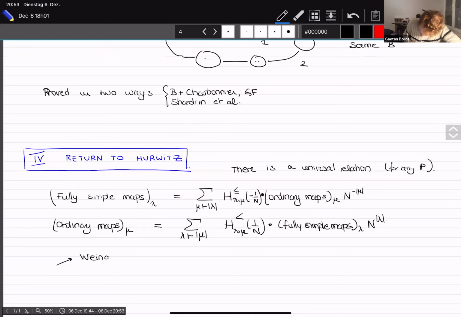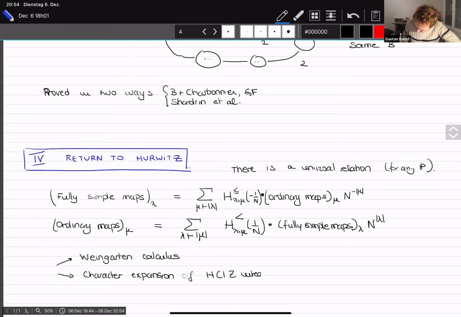One is by Weingarten calculus, so that I didn't really explain why that would be true, but another way which may be more familiar to part of the audience, it comes from the character expansion of the HCIZ integral, which relates it to the monotone Hurwitz numbers.